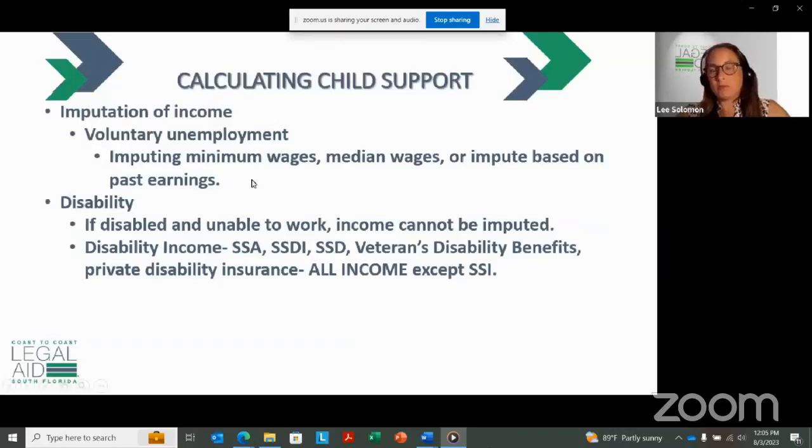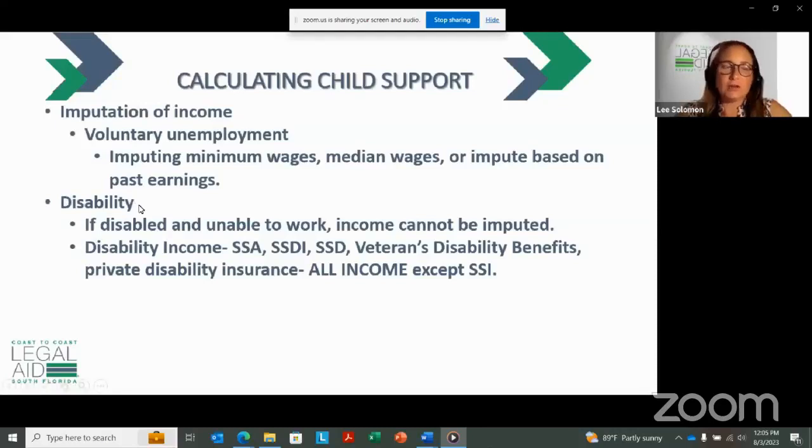Generally, median wages is used when a party doesn't participate in the required financial disclosure in a case. And imputing based on past earnings does require proof that they have the present ability to still earn that amount. So a lot of times when someone is temporarily, voluntarily unemployed, the court will just impute minimum wages to them.